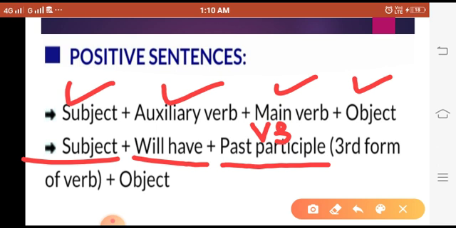Basically, there are four forms of the verb. First is present, second, past, third, past participle, and fourth, present participle. So here we will use third form of the verb, which is past participle form of the verb, and then object.